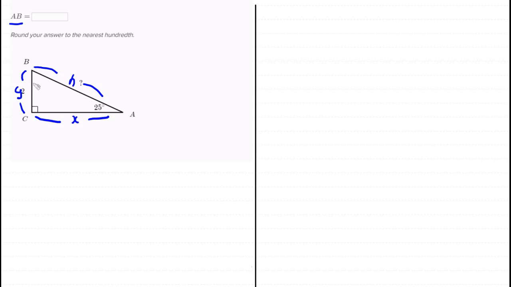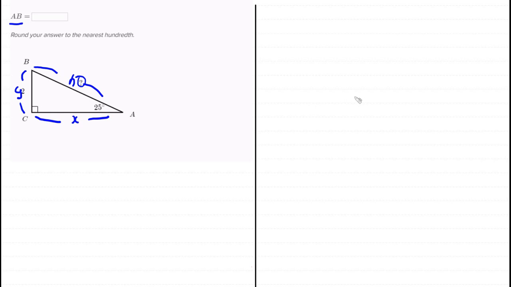The main point of this question is we need to use trigonometric functions, sine, cosine, and tangent, in order to find the lengths. And we can only apply these trigonometric functions when the triangle is a right triangle.